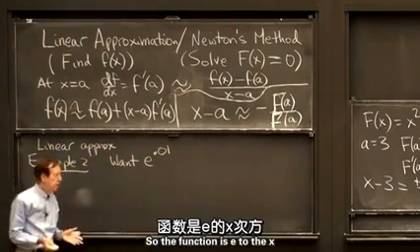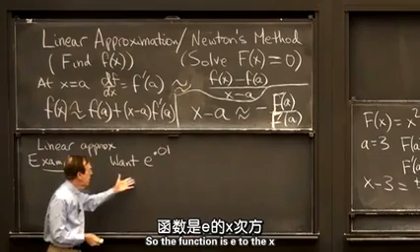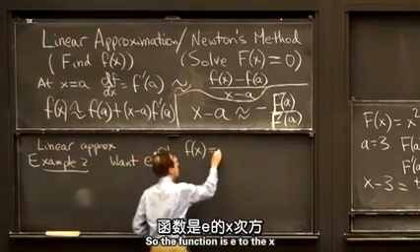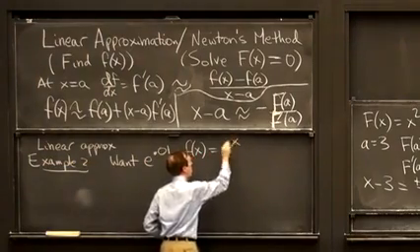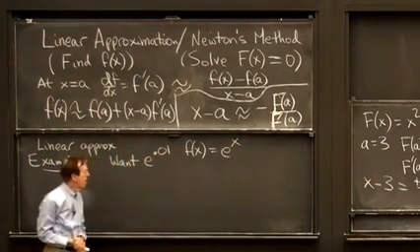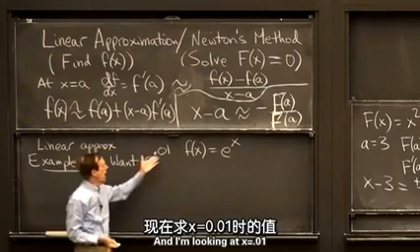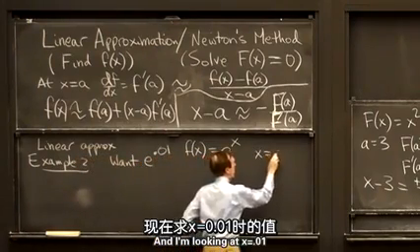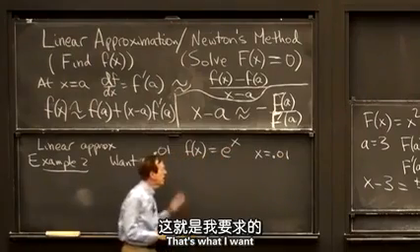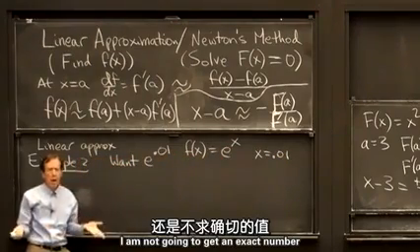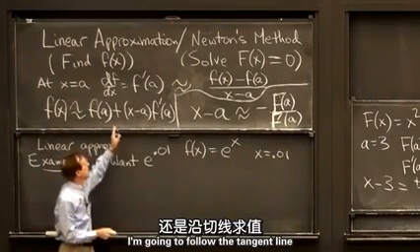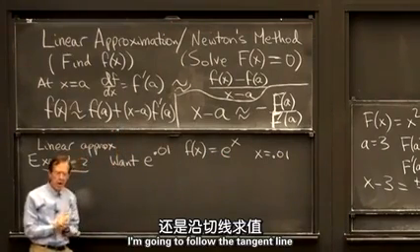Okay. So the function is e to the x, and I'm looking at x is 0.01. That's what I want. I am not going to get an exact number here. I'm going to follow the tangent line.